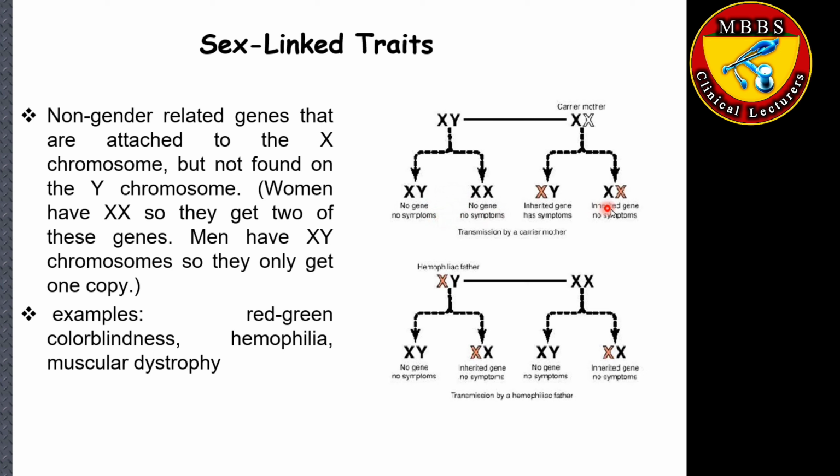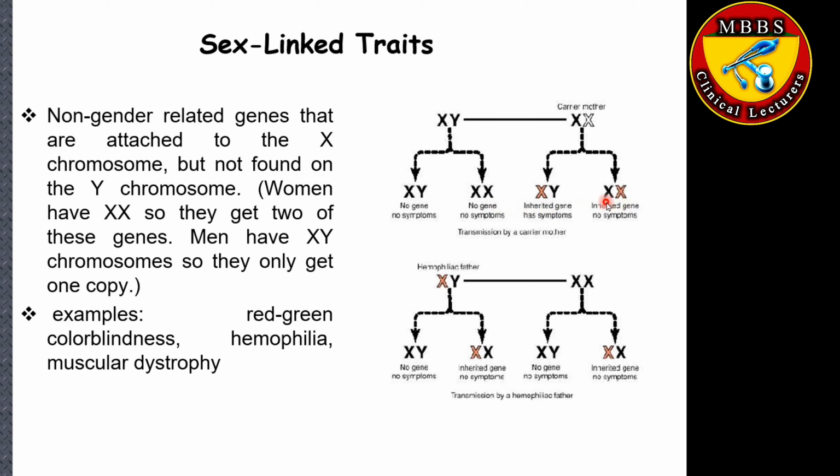we see in the children is that one male will not inherit any affected gene and will be asymptomatic. One female will not inherit any affected gene and will be asymptomatic.